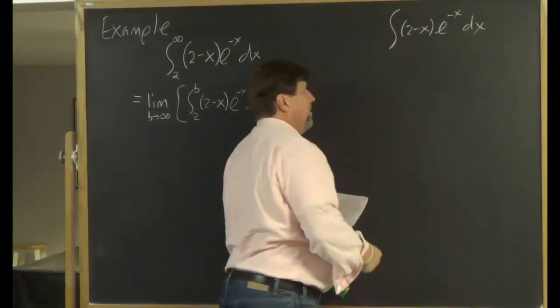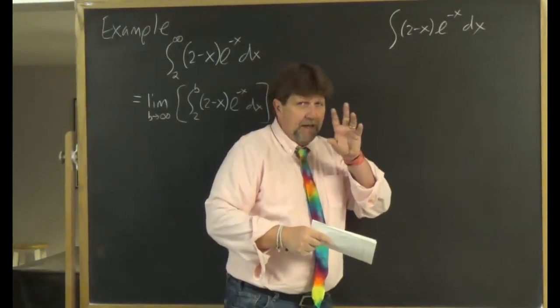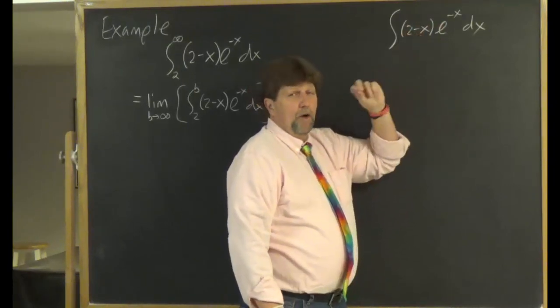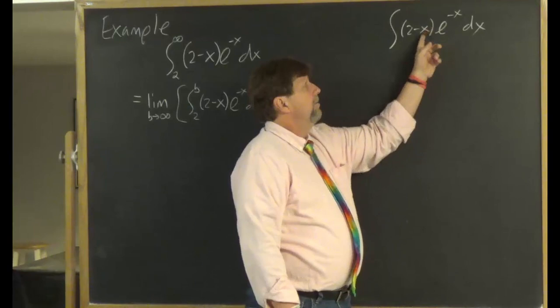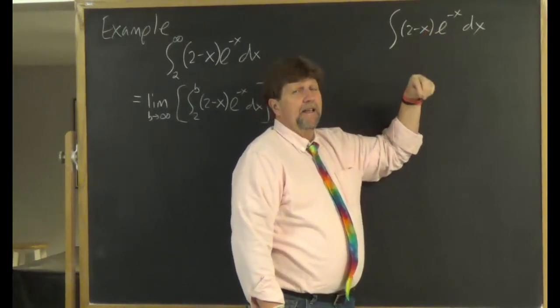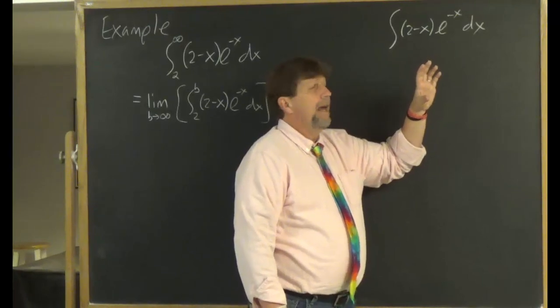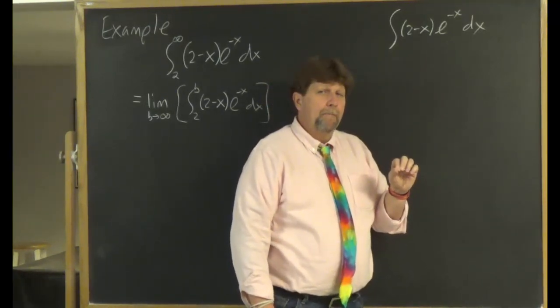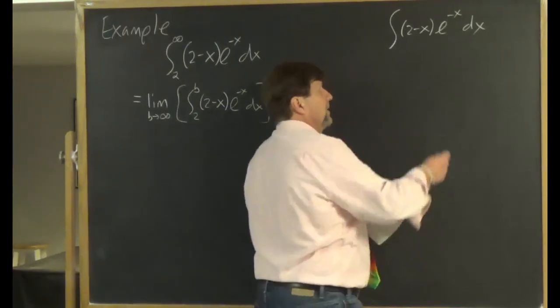All right, so we may be tempted to say, well, let's distribute that e to the negative x, but I'm just kind of looking ahead. If I distribute this e to the negative x, I can quickly and easily integrate 2e to the negative x. But this minus x e to the negative x, well, sounds like that would require an integration by parts. So I'm just going to start off using integration by parts.